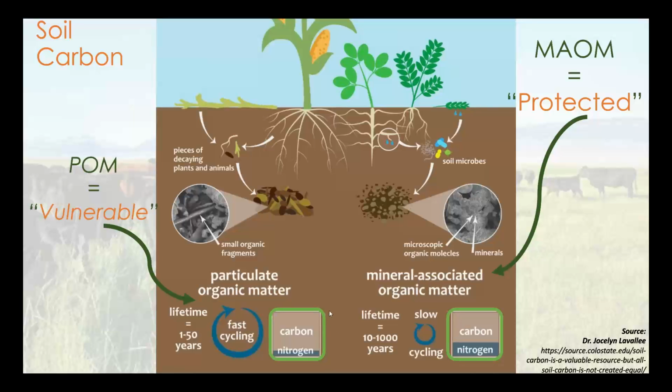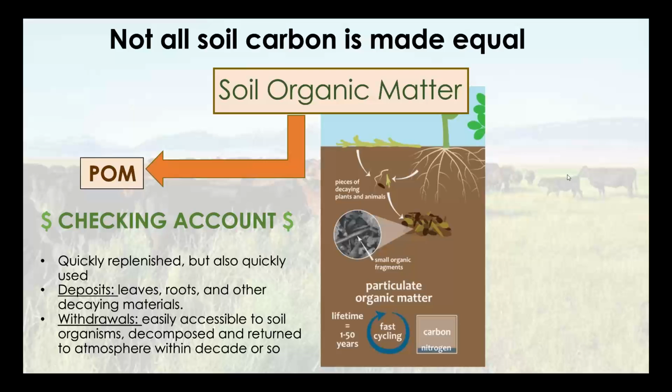MOM has a lot more nitrogen than POM. The POM nitrogen, for example, is readily available, and that's what produces plant-available nutrients, whereas the MOM nitrogen is less available as plant-available nutrients.